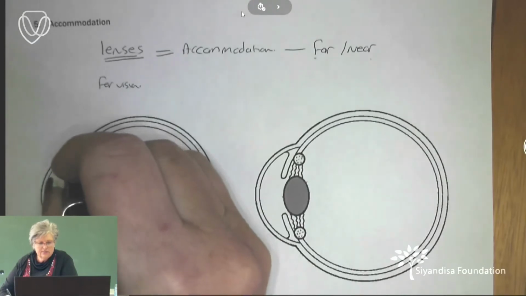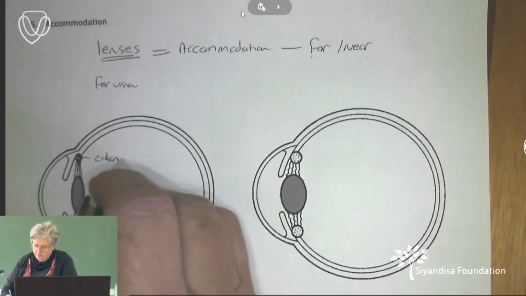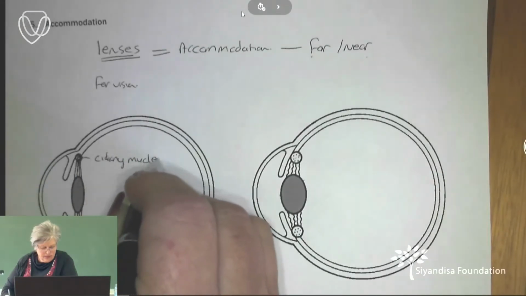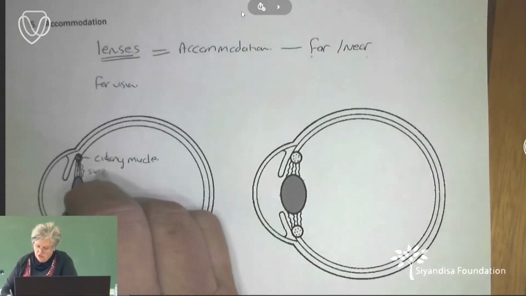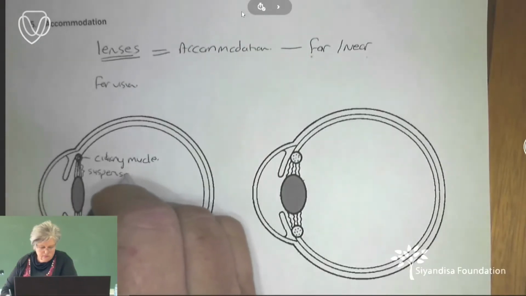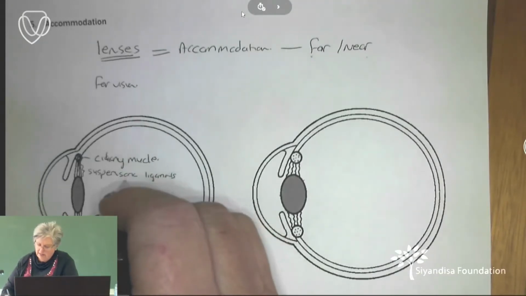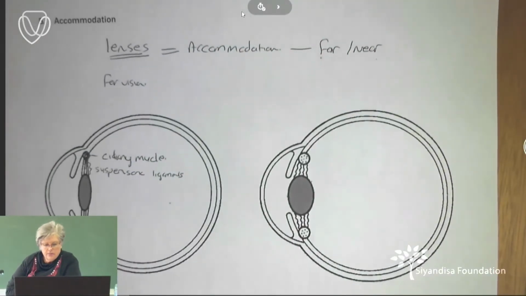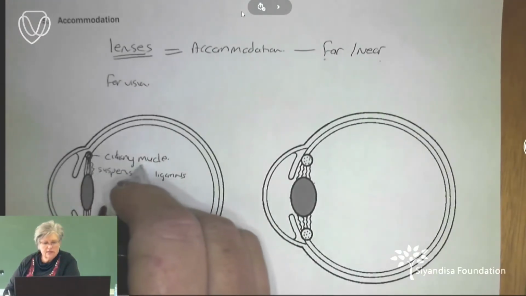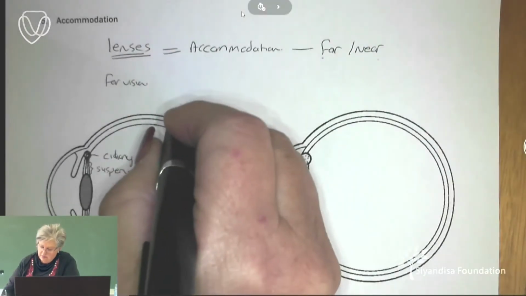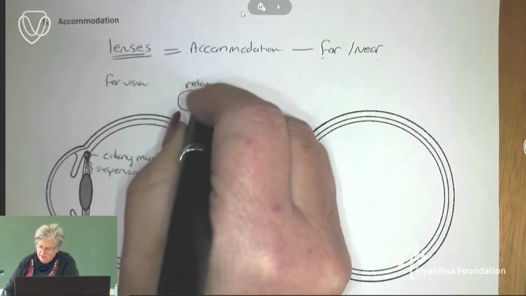The first one is these round muscles, which we call the ciliary muscle. And these strings here are the suspensory ligaments. Okay? And the two of them play a role. So when the ciliary muscle relaxes, it is big.